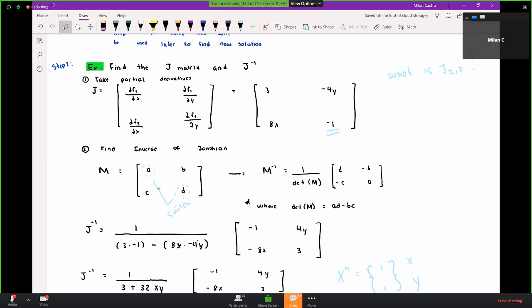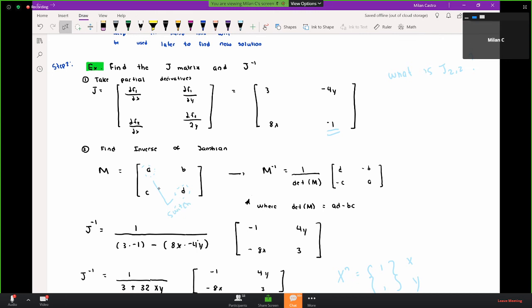So in order to take the inverse of the Jacobian, the formula is 1 over the determinant of the original Jacobian matrix times D, -B, -C, and A. So keep in mind, D and A are switching and B and C are both becoming negative.